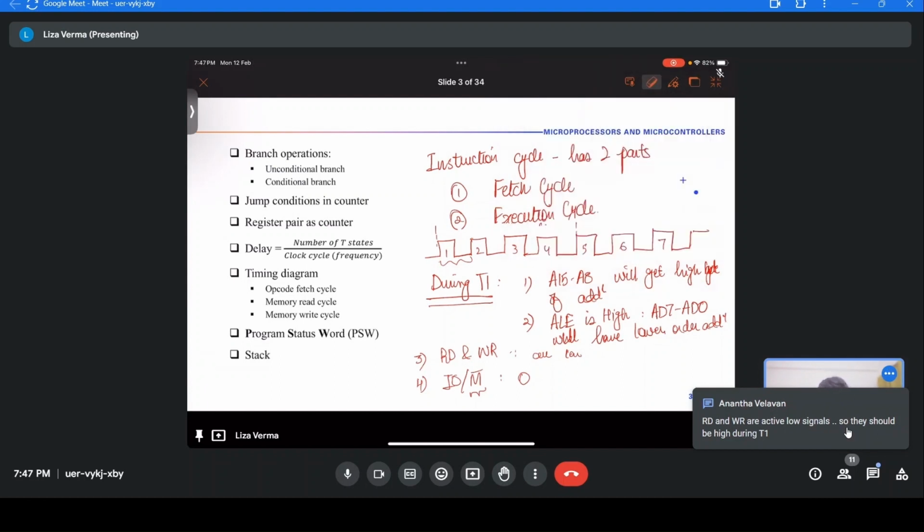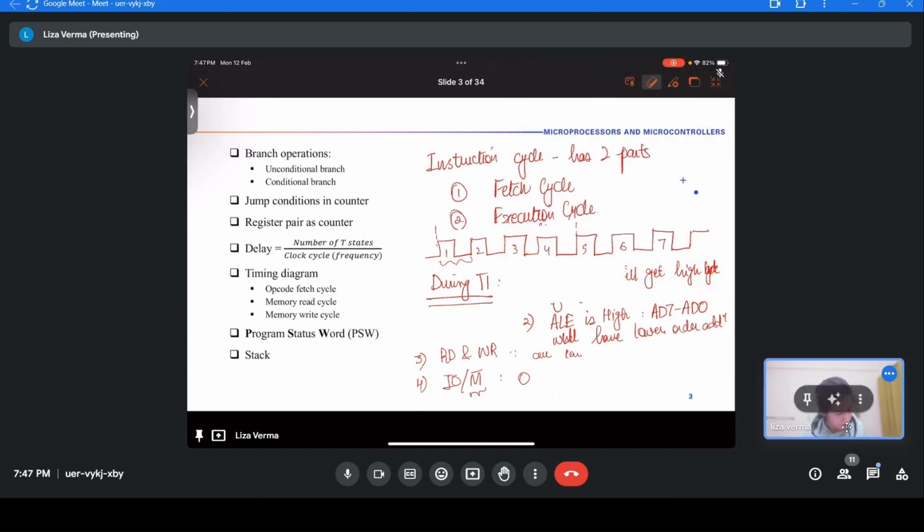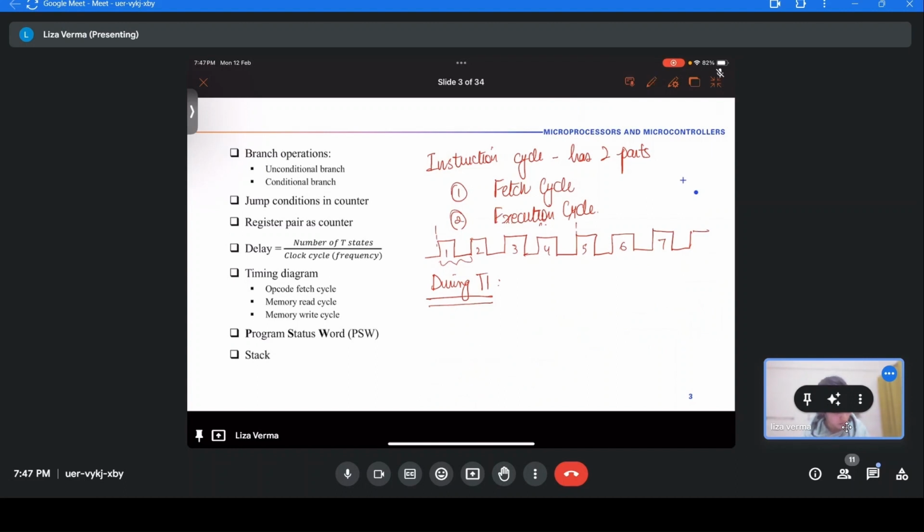During T2, since we have already gotten the lower order address, ALE will have to go low so that the data can be fetched. Data here will be the opcode. This is the fetch cycle, remember?